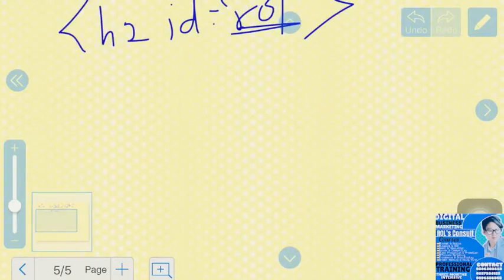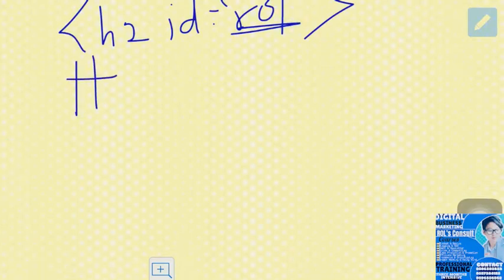Because ID is specific, whenever you are calling an ID in CSS, don't forget that what we just did was in our HTML document. In calling an ID in CSS, you precede the name of the ID with a hash symbol.